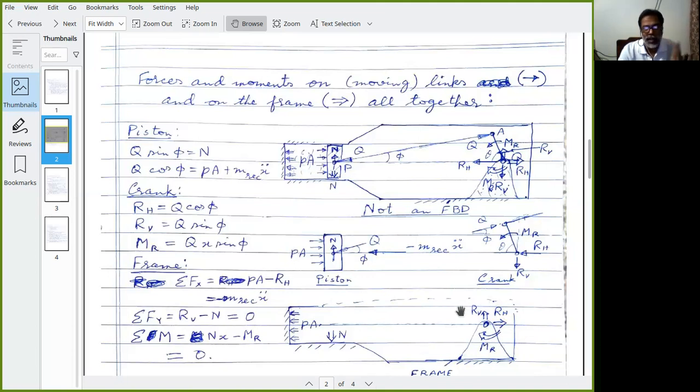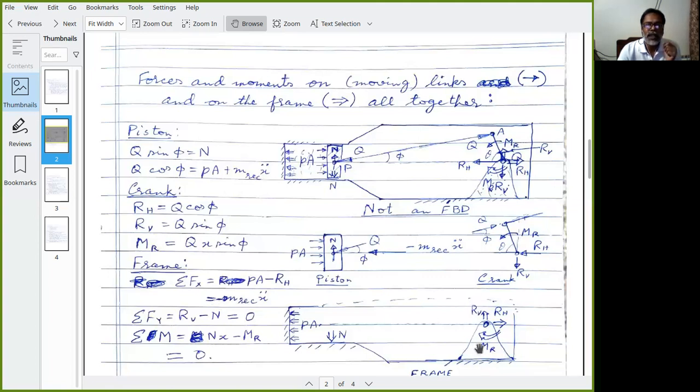The frame also doesn't move, so inertia force is gone. So horizontal force balance: sum of all the horizontal forces, RH in this direction and PA in this direction. So PA minus RH. Fine. So PA minus RH, where RH is Q cos phi, will be minus M rec x double dot.